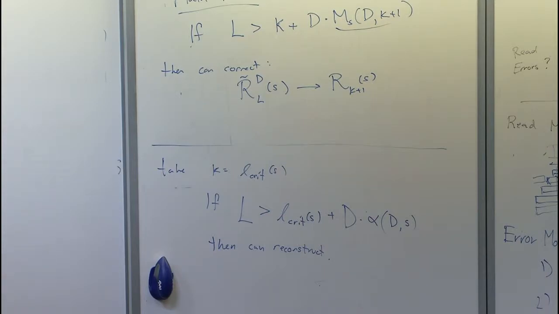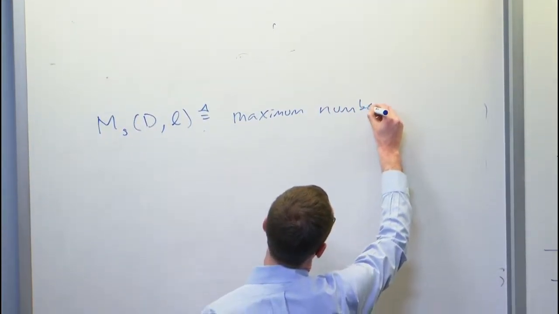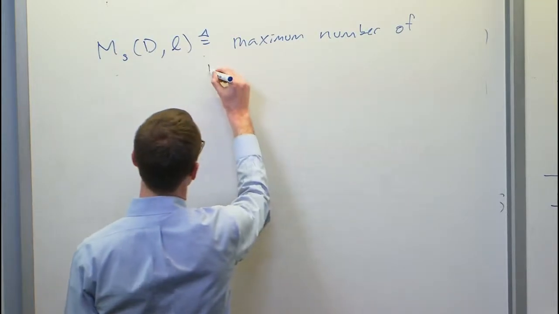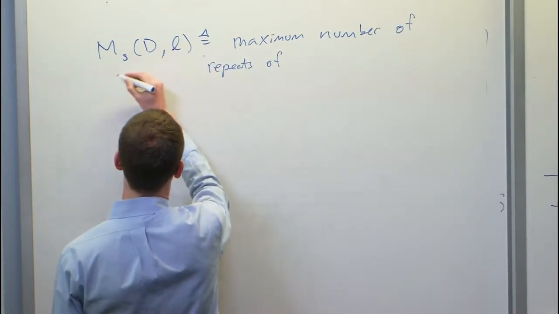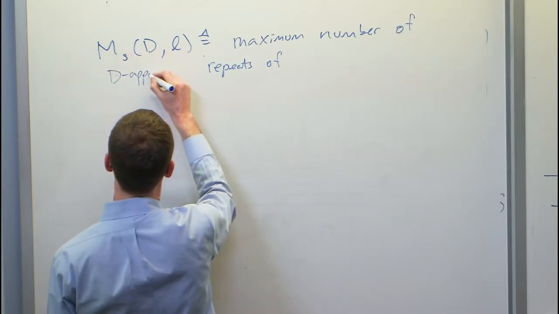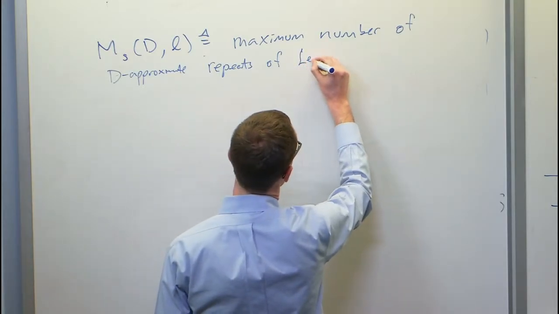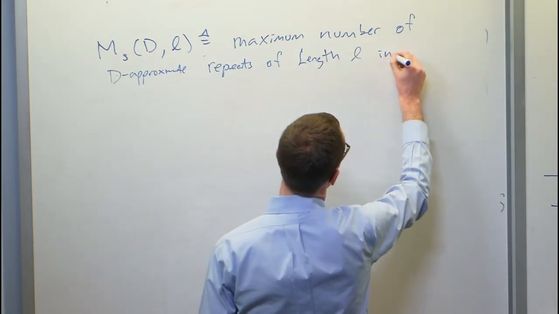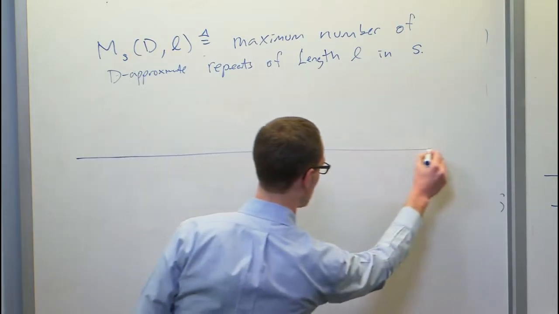So M_S^D_L is defined to be the maximum number of repeats of... Okay, so basically what I mean is I have my sequence S here.